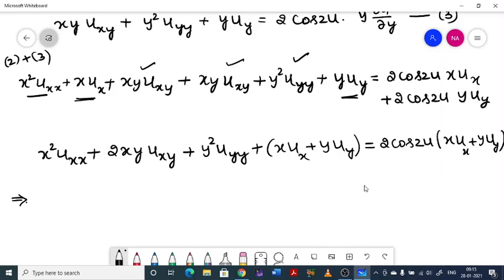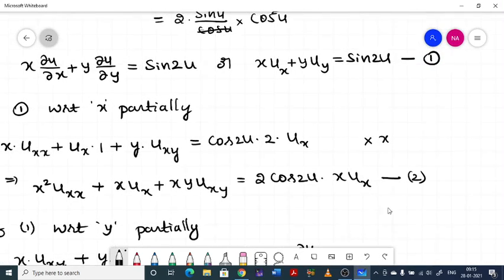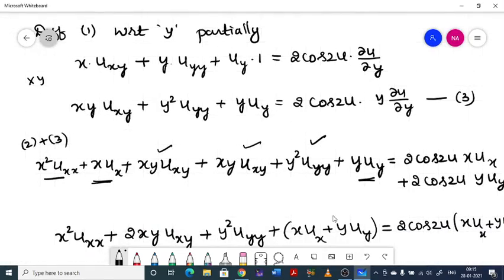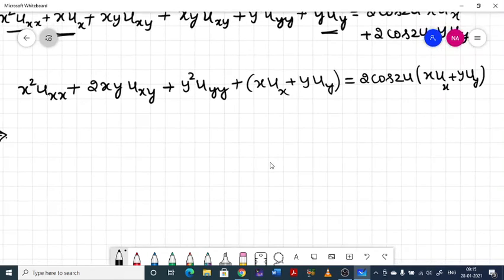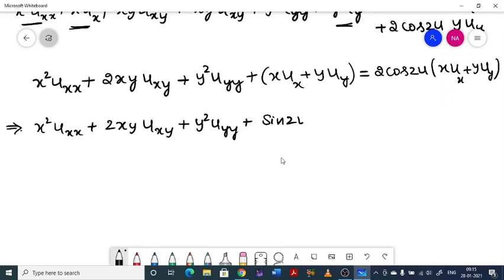We have x ux plus y uy equal to sin 2u. Substituting that here, we will be getting x square u double x plus 2xy uxy plus y square u double y plus x ux plus y uy, that is sin 2u, equal to 2 times cos 2u into x ux plus y uy, that is sin 2u.